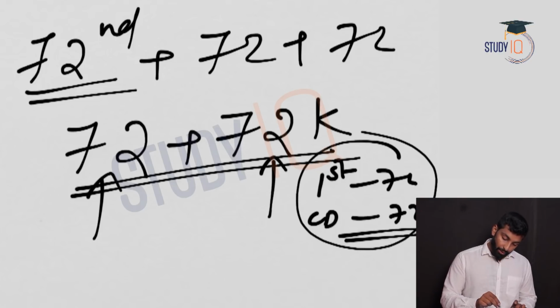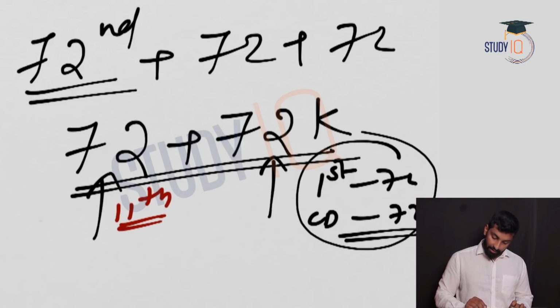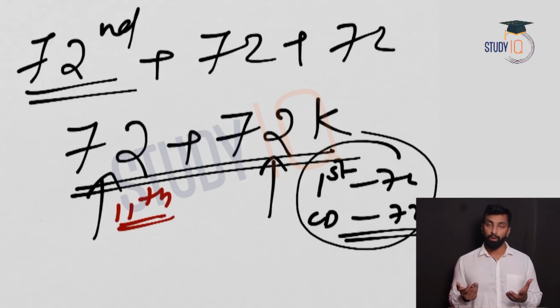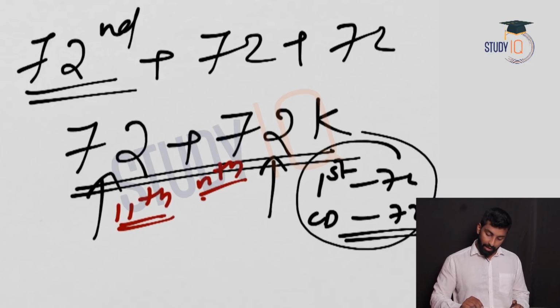Now you got an AP, so any question which can be asked from an AP can be asked here also. So they can ask you what is the 11th such possible box, where you get all the three items, right? So what you need to do is find the 11th term, and we know how to find the nth term in an AP: a plus n minus 1 into d.